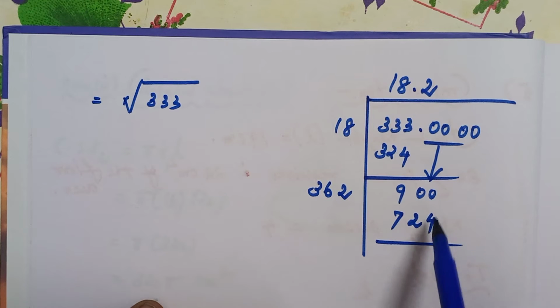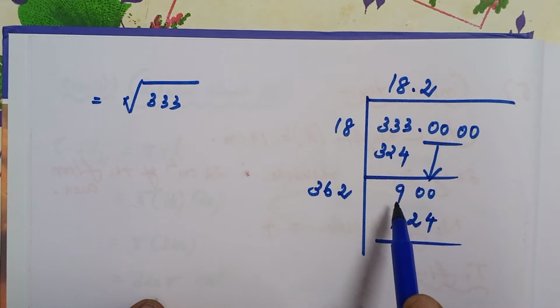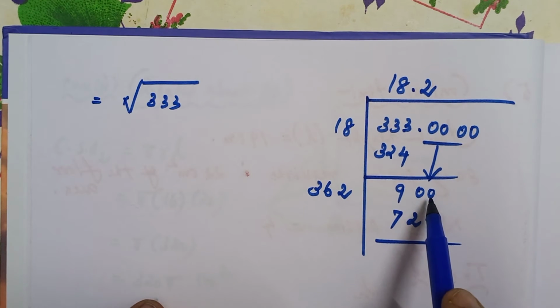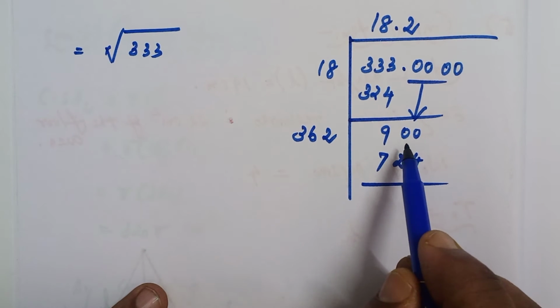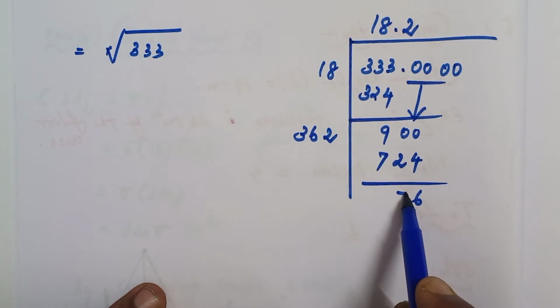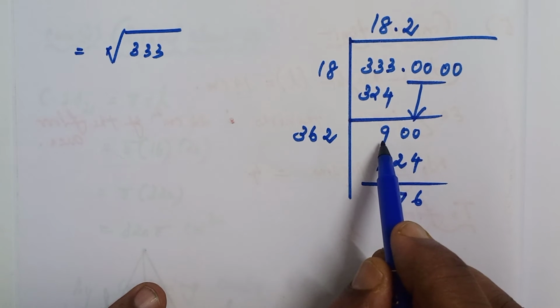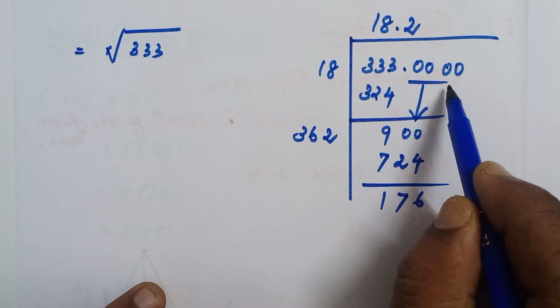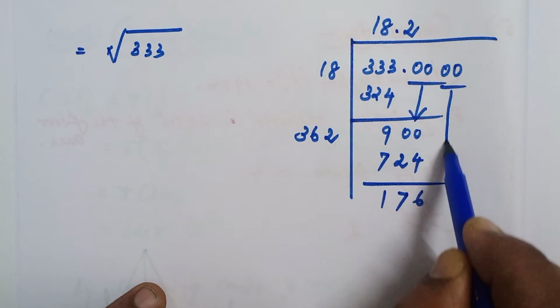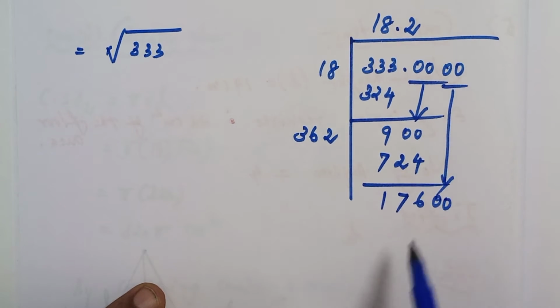Now subtract. Since 0, we have to borrow here, it will be 10. 10 minus 4 is 6. Here 9 will be there. 9 minus 2, that is equal to 7. Here 8 will be there. Already we have borrowed 1. So 8 minus 7, that is equal to 1. Now you can bring down 2 more digits, that is 00.